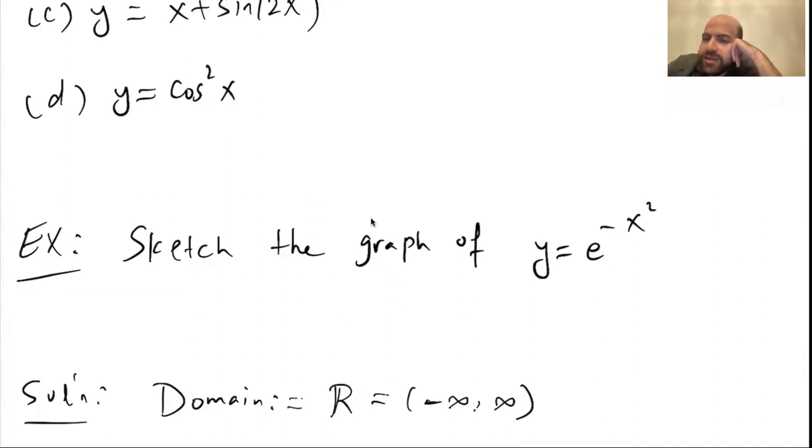So the limit of f of x as x approaches a, for any a, would be f of a, and f of a for any a is a finite value. It cannot be infinity or minus infinity. So we don't have any vertical asymptote.